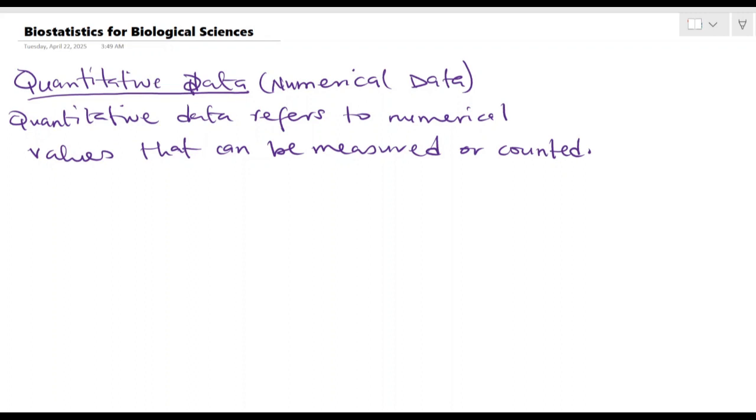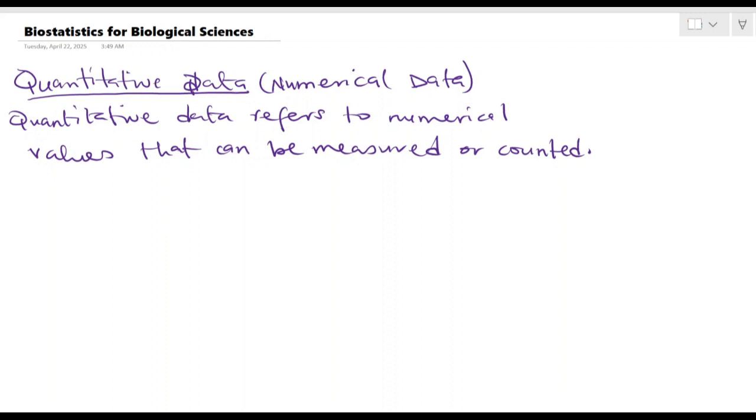That's very key. It is used to quantify characteristics, allowing for mathematical operations and statistical analysis. Quantitative data is useful in establishing relationships, trends, and performing precise measurements.